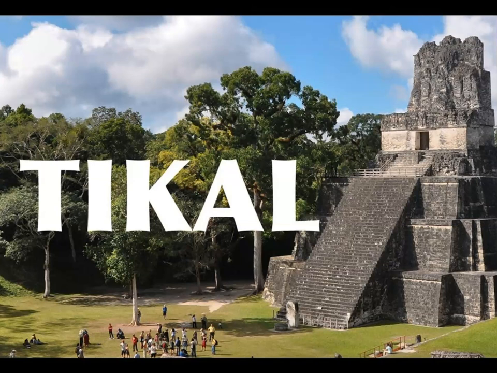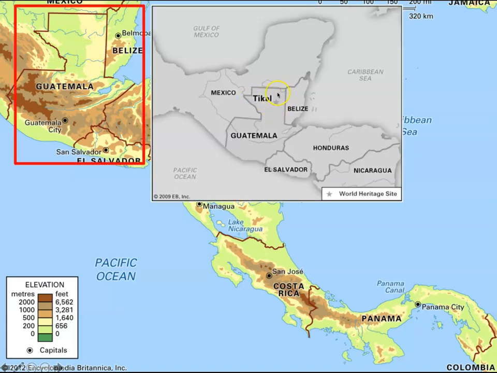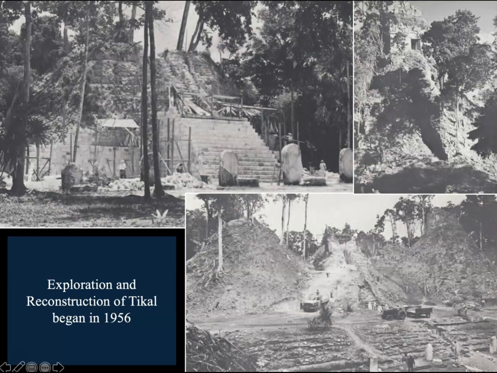So the second civilization we're going to look at is that of Tikal, which is in modern-day Guatemala, in the northern area here. This is a Mayan culture, an ancient Mayan culture, and we're going to look at this city. It was one of the capitals of the area at the time.